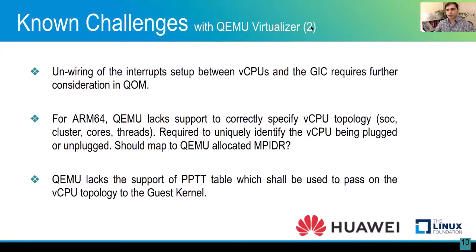So it has got no relation as such. But in the virtual world within QEMU, we do require some sort of association between what we are trying to plug in and where we are trying to plug in, and correlate it with the MPIDR using some sort of a mapping. So perhaps this needs to be done and discussed.